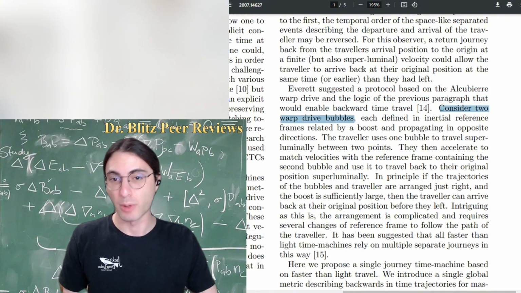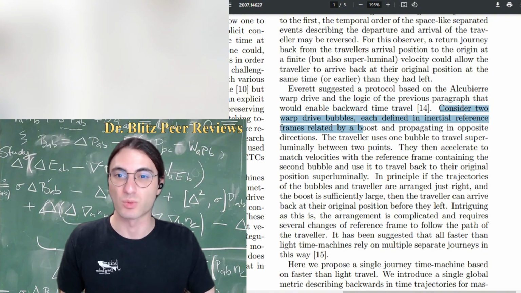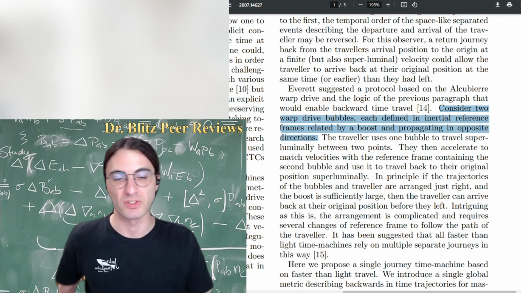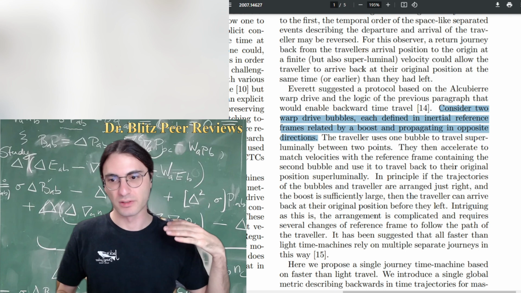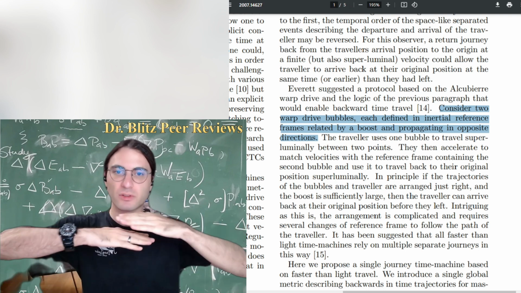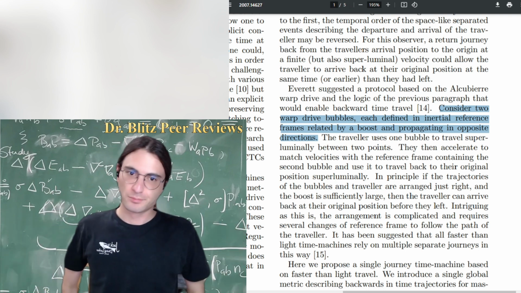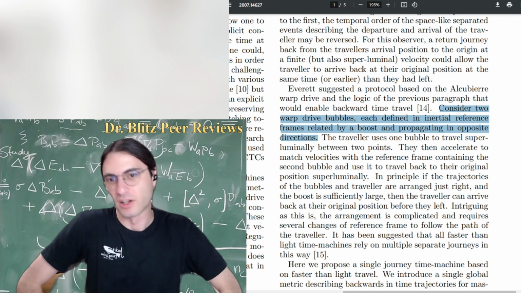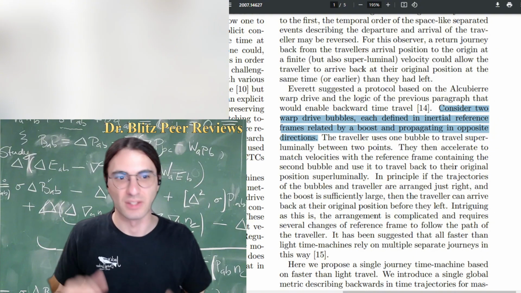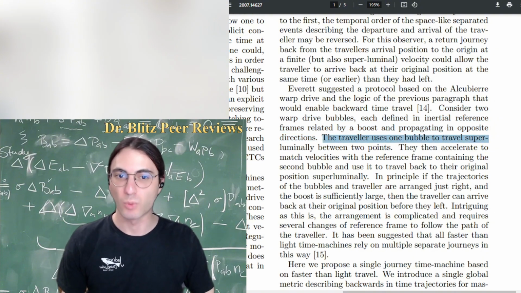Consider two warp drive bubbles, each defined in inertial reference frames related by a boost propagating in opposite directions. So basically, you have two warp drive bubbles moving in opposite directions. The traveler uses one bubble to travel superluminally between 2 points.